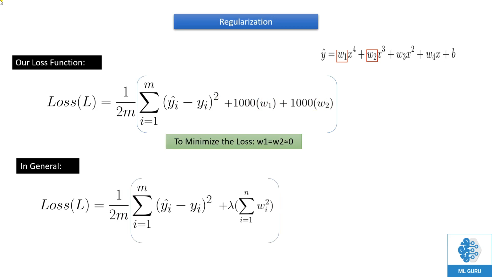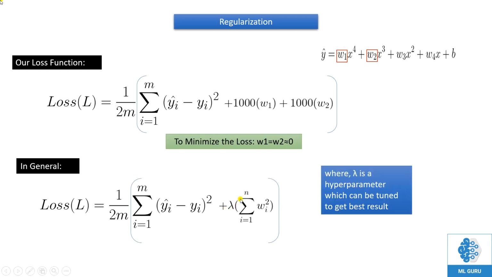But in general we will put this parameter lambda, which is a hyperparameter, and the value of lambda, for example here we set the value of lambda to be 1000, but in general we can put any value we want. And here as you can see we did this for just W1 and W2, but here we will do it for every weight term.